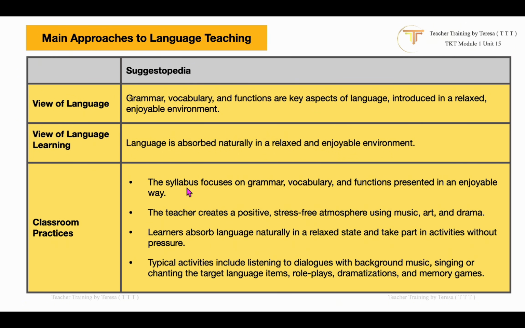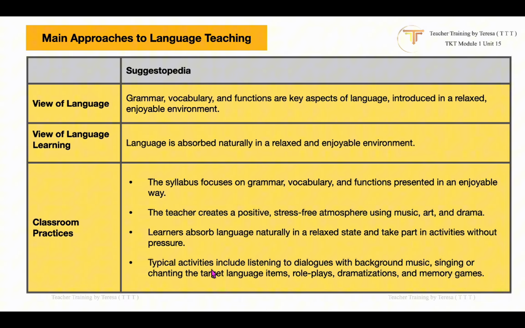The syllabus focuses on grammar, vocabulary, and functions presented in an enjoyable way. The teacher creates a positive, stress-free atmosphere using music, art, and drama. Learners absorb language naturally in a relaxed state and take part in activities without pressure.